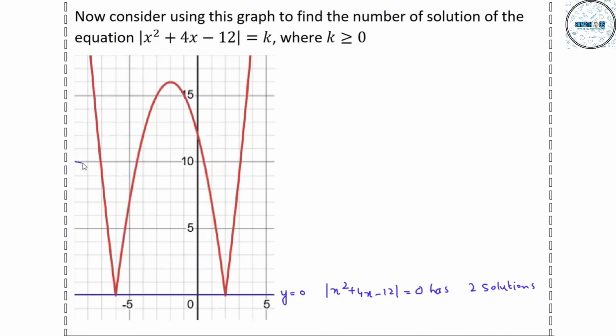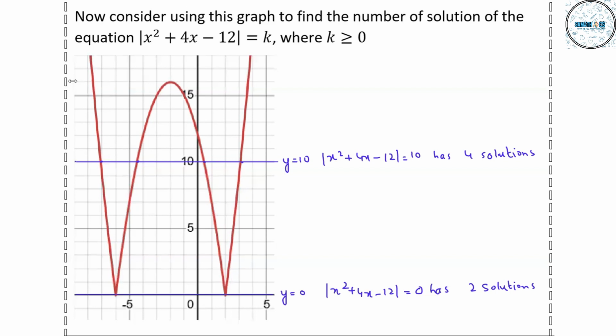In the same way, if we draw a line at y is equal to 10, then x squared plus 4x minus 12 is equal to 10 has 4 solutions. You can see this graph is intersecting y is equal to 10 at 4 different points.